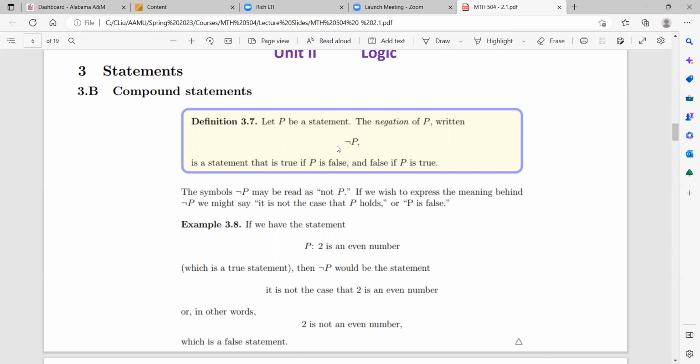And the notation is just like a minus sign, but it has some step in here. So just be a little careful about the notation to distinguish it from the minus sign in algebra. We're talking about logic, so we have to use different notations.